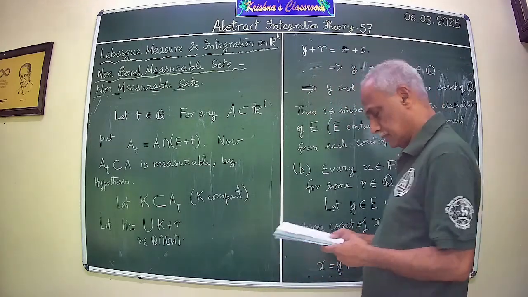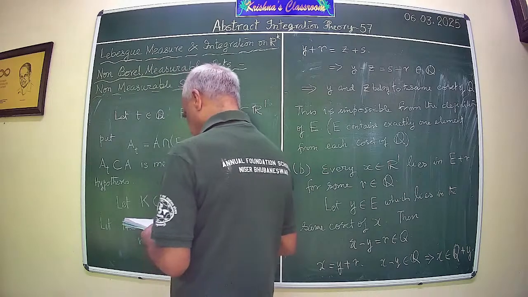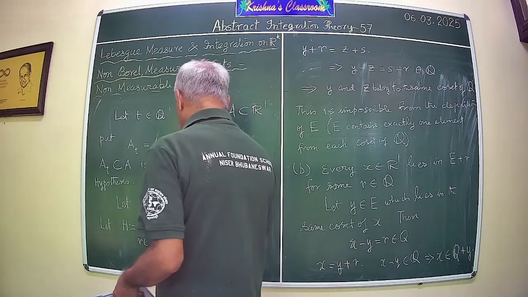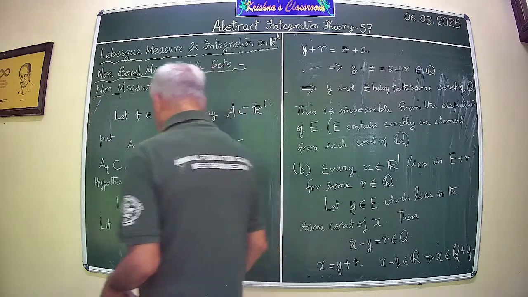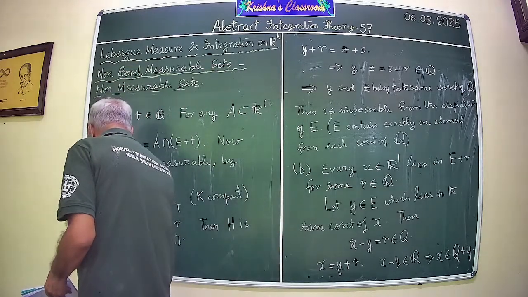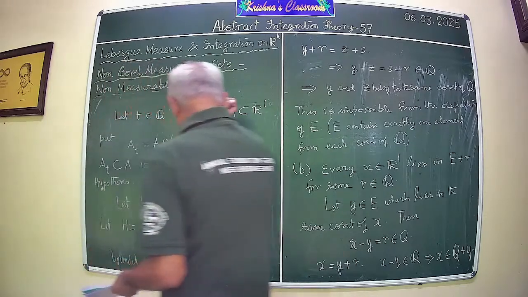Now what do you get? H is bounded. Why is it bounded?